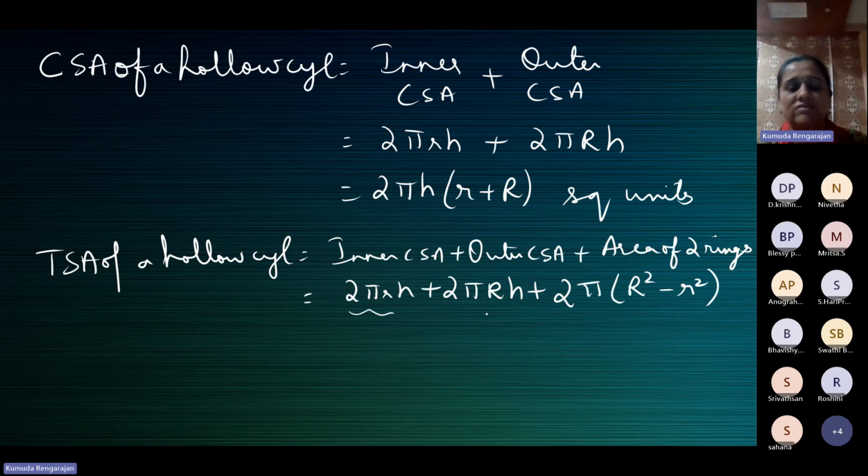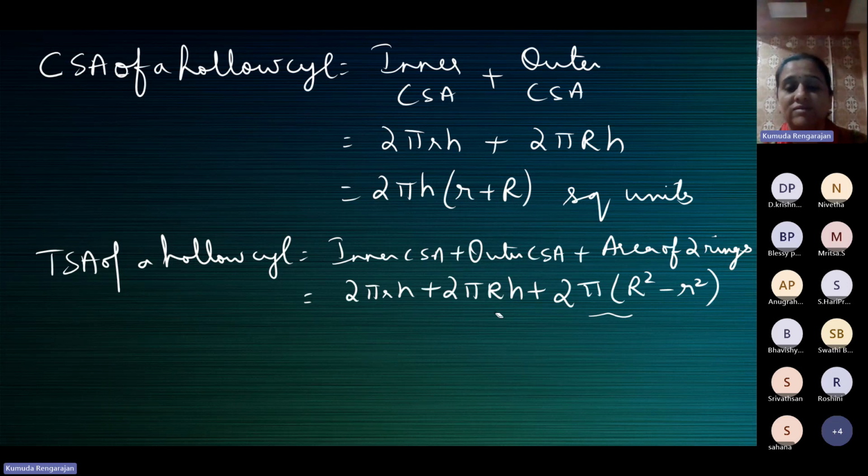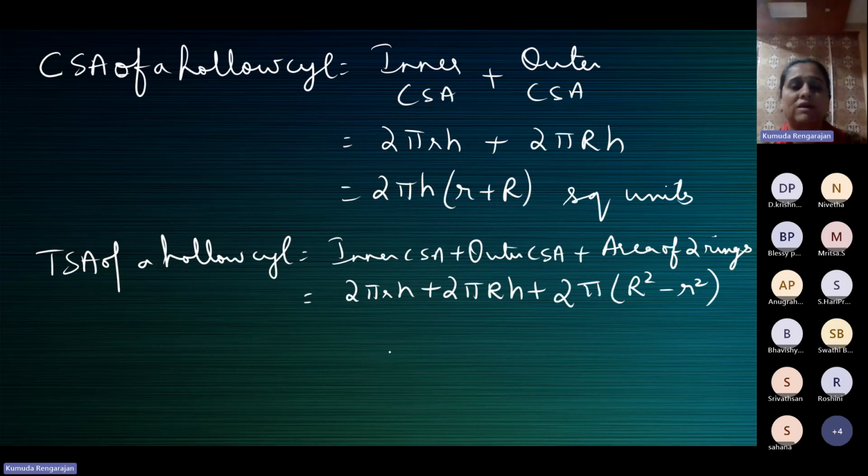You can find the inner CSA, outer CSA, area of two rings separately, and then add everything to find the TSA. You don't have to remember that expression after taking 2 pi common. Not needed, because I'm scared you will just mess up the formula and go wrong. So it's easier to remember like this.